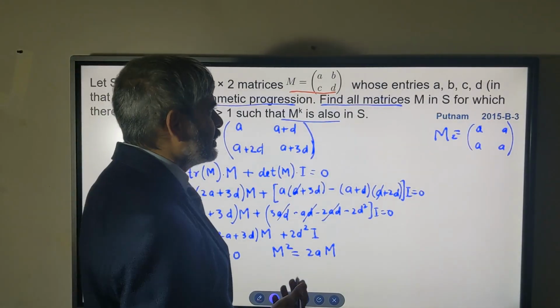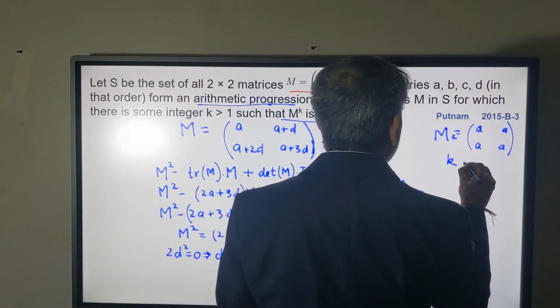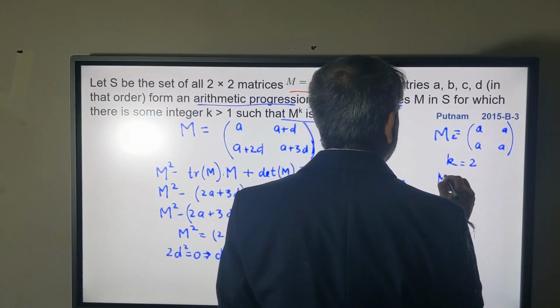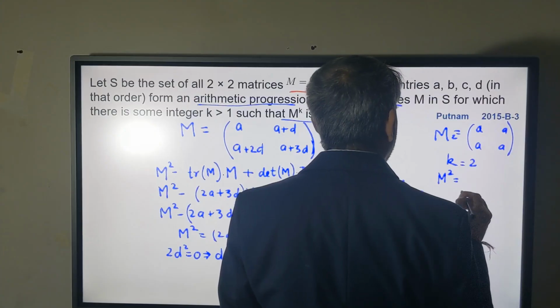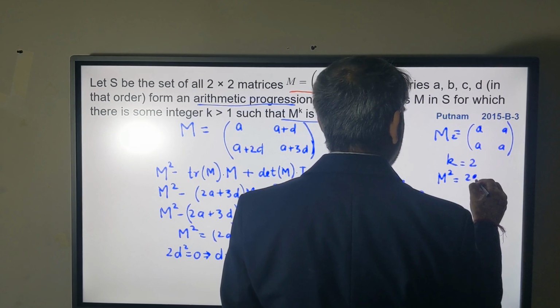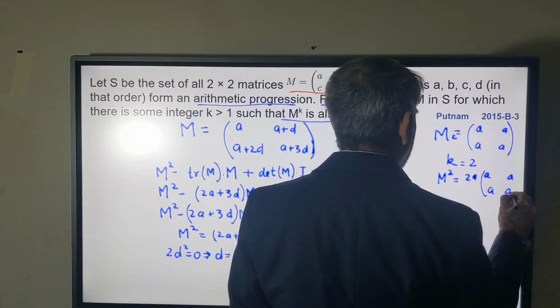And under such condition, the k that we are asked is equal to 2, and M square, the elements of the higher orders of M are given by 2a multiplied by a, and a.